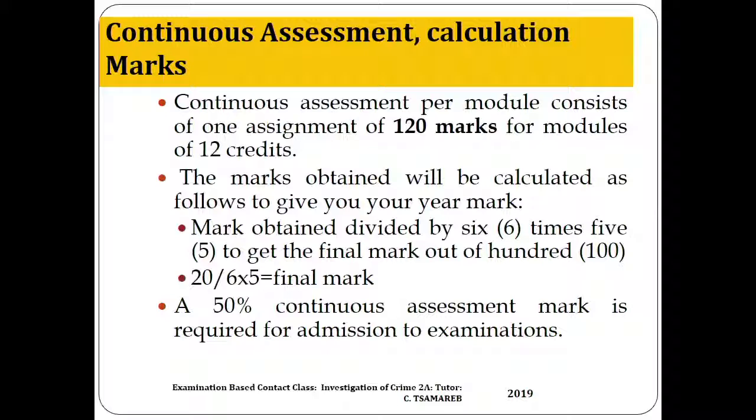And this final mark should be 50 and above for you to be admitted into your exam, because the required sub-minimum for you to be admitted to your exam is 50%. So if you don't make the 50%, you will not be admitted to the exam, and you will have to do it over.